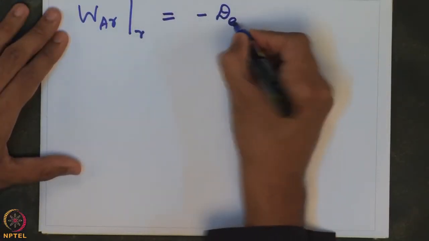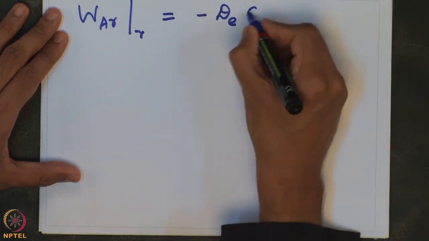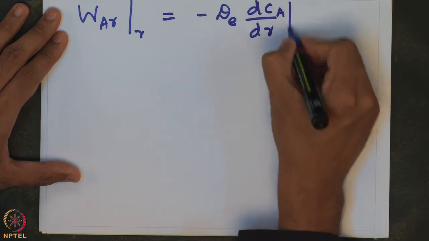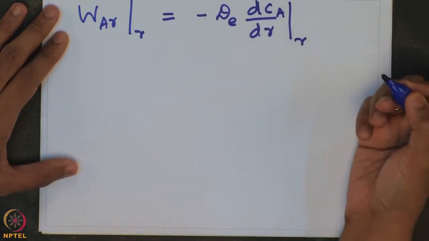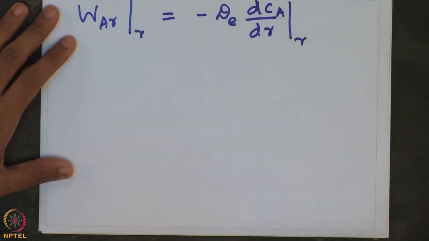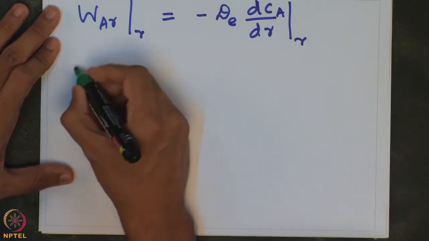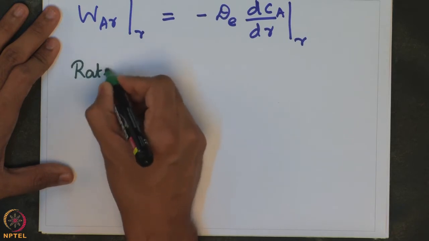minus De into dCA by dr at R. Now, in order to write the mole balance, typically the mole balance is written in terms of the rates.